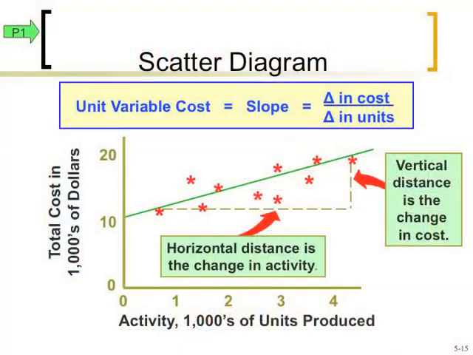If we go to slide 15, you'll see we have a scatter diagram where we plot all our points, our different units of activity produced and our total costs, and we just visually fit a line. Easy to use, probably the least accurate.